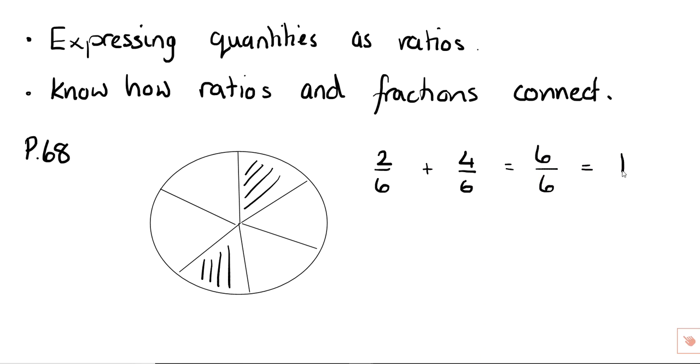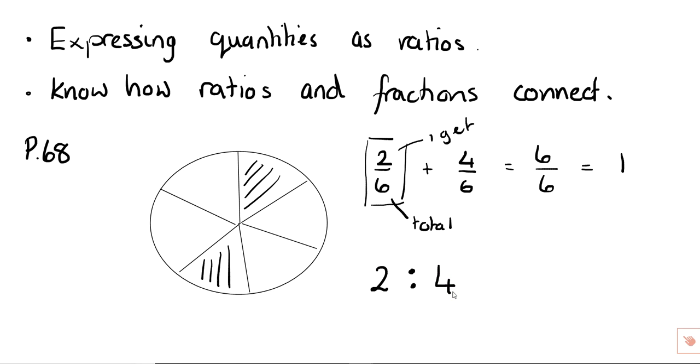Now, I can express that in a different way, though. What a fraction does is tell me how much I get with the total amount. A ratio does it slightly differently, and a ratio would be 2 to 4.